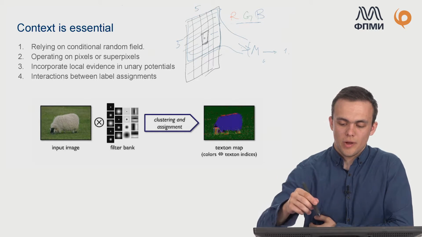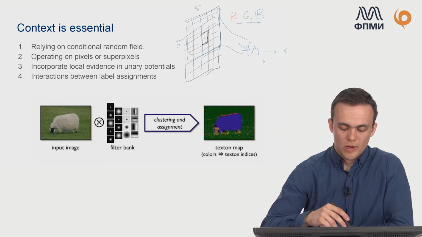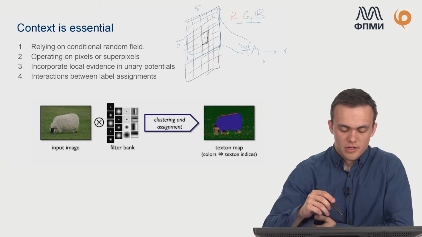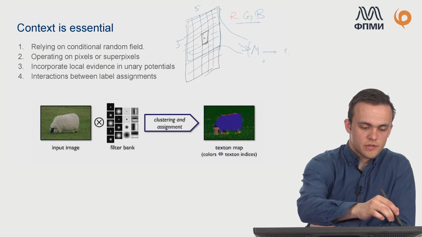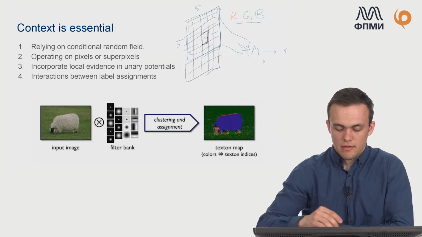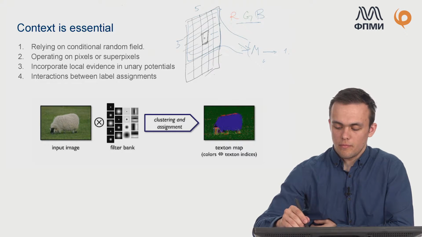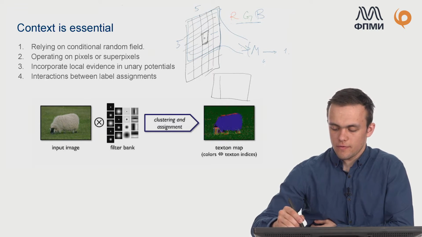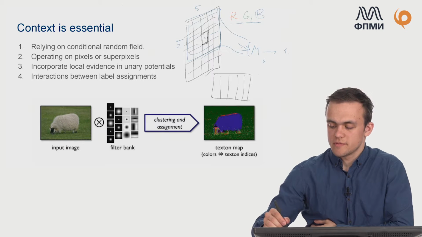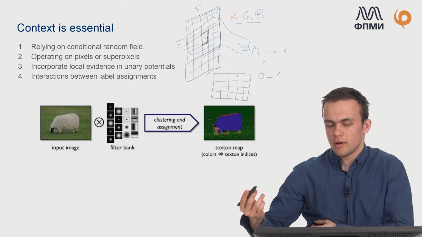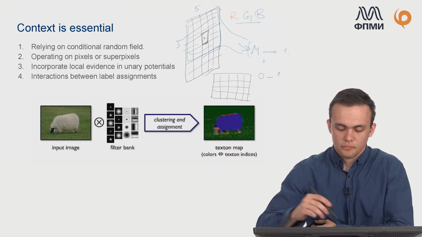So when you apply a filter, these images here are just representations of filters, and these filters are arrays of numbers from 0 to 1. It's like a black and white image.